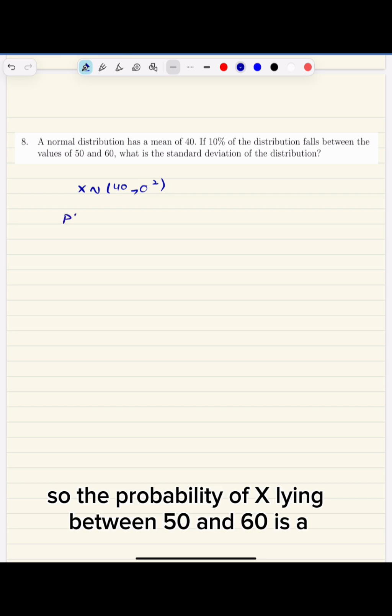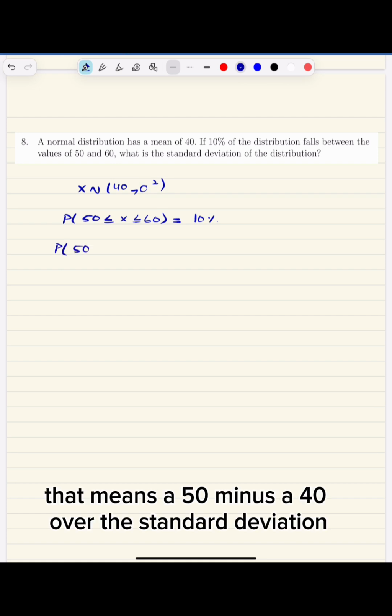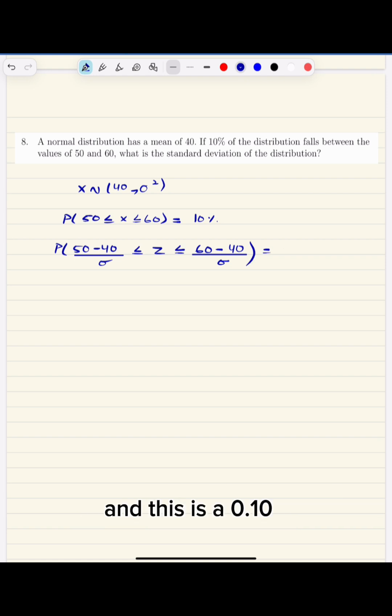So the probability of X lying between 50 and 60 is 10%. Okay, so that means 50 minus 40 over the standard deviation gives us a Z value, and 60 minus 40 over the standard deviation, and this is 0.10.